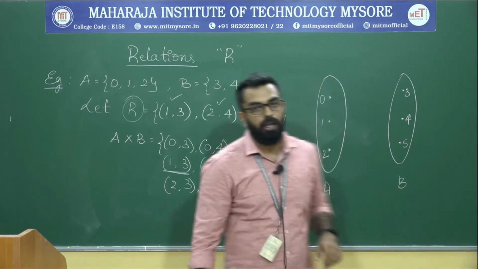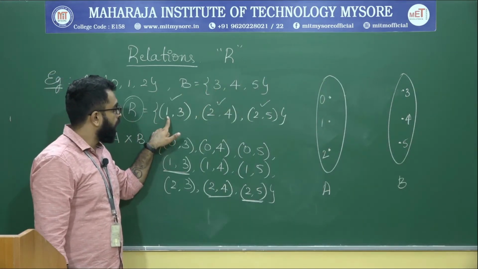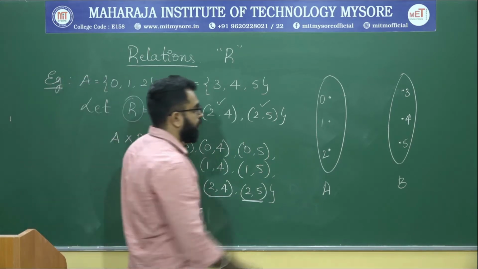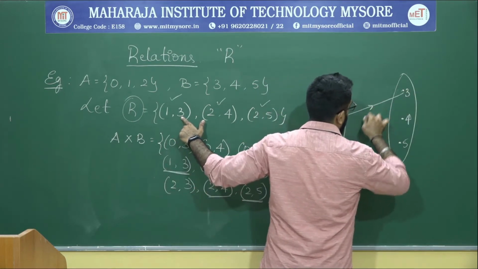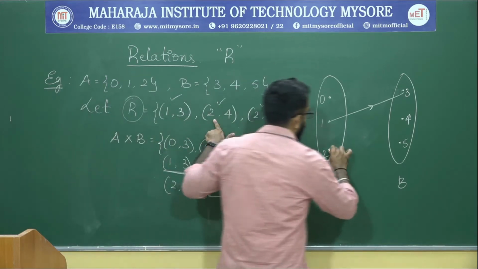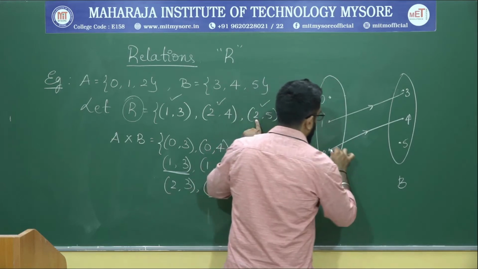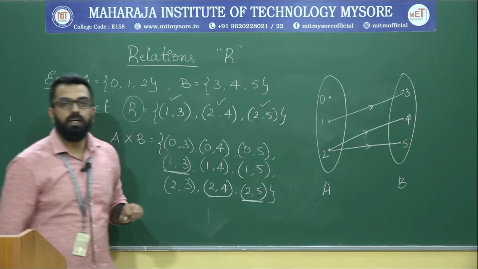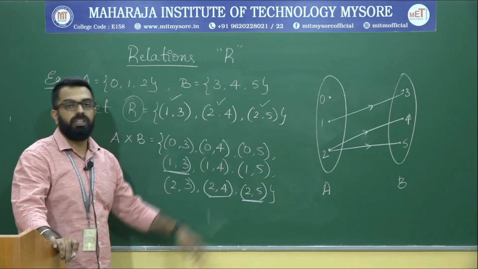In the relation, element 1 of set A is related to element 3 of set B. Similarly, 2 is related to 4, and 2 is related to 5. This diagram is called an arrow diagram, and we call it a mapping between the two sets.